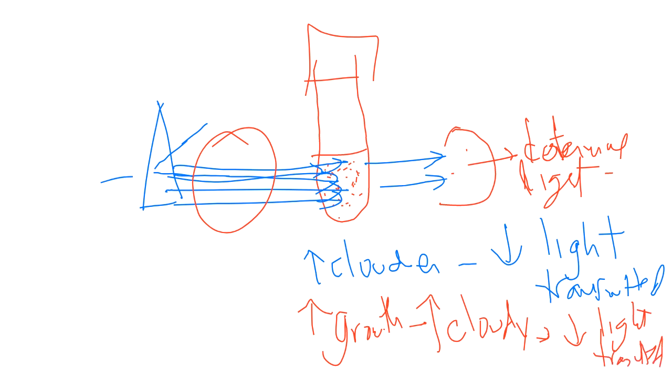So if you had two samples, and one had hardly any bacteria in it, and another one had lots of bacteria in it, the one that has fewer bacteria will be transmitting more light at the other end.